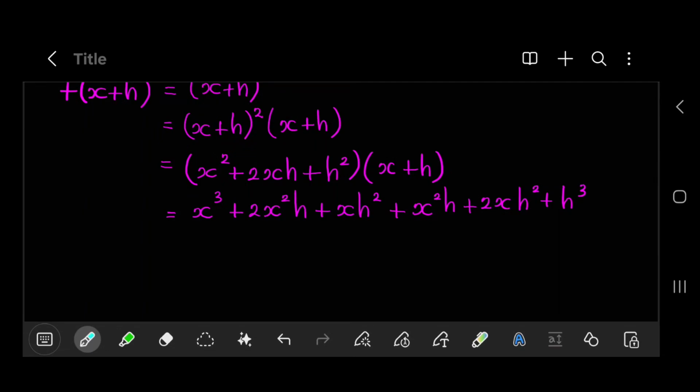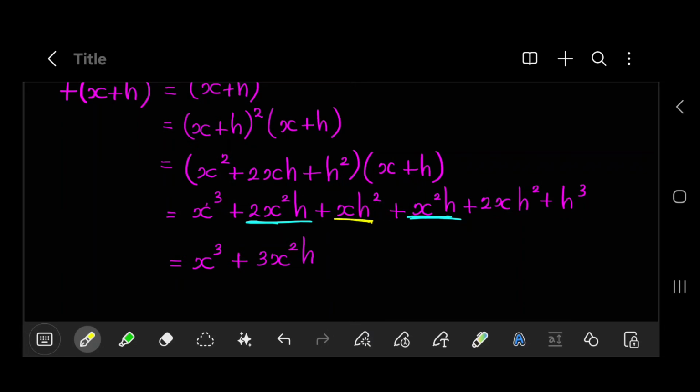Now we notice that we do have like terms. Okay, so here are our like terms, 2x squared h, and we've got x squared h. So when we gather those, firstly, there's only one term that has x cubed, so that would stay as is. Gathering these two terms, it becomes 3x squared h.